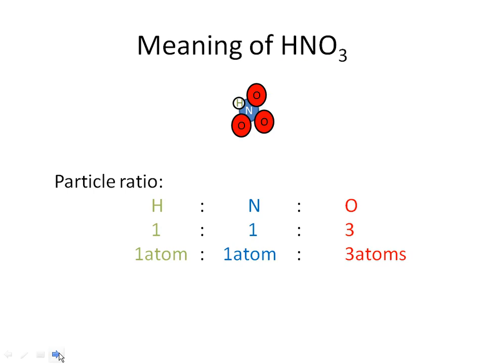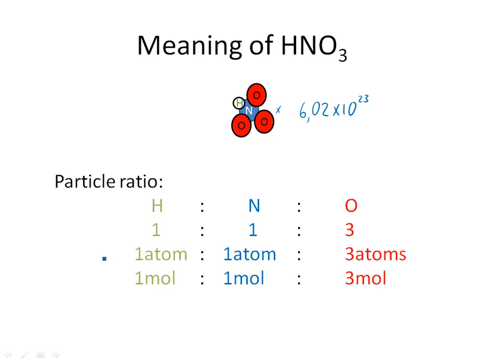This can be written as 1 atom to 1 atom to 3 atoms, as shown in this picture. But if instead we had a whole mole, which I cannot draw, 6,02 times 10 to the power 23 of these atoms, then we would have a mole of hydrogen atoms, a mole of nitrogen atoms, and 3 moles of oxygen atoms.